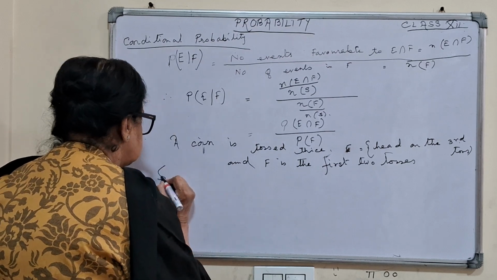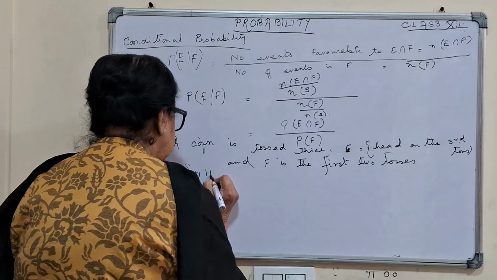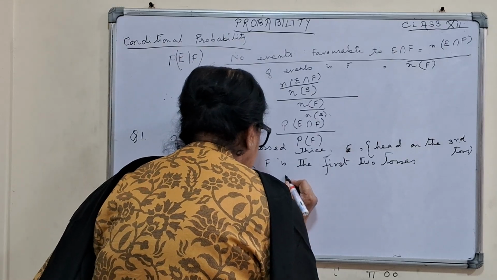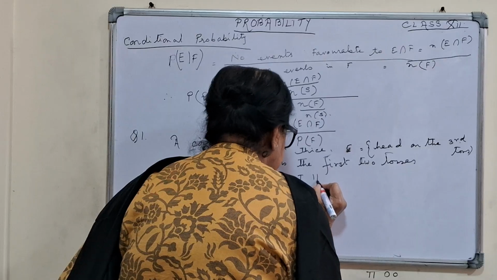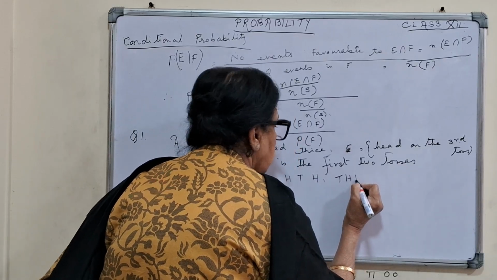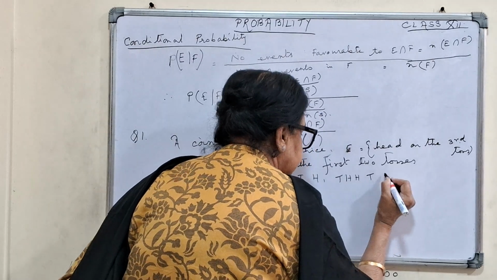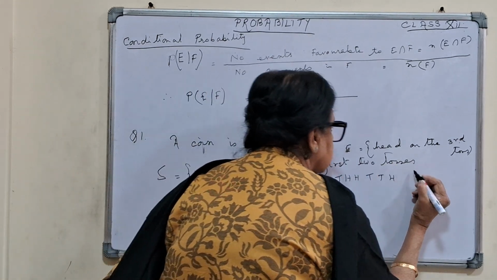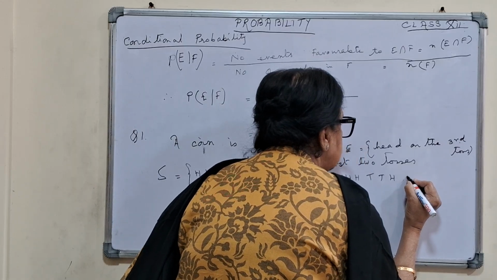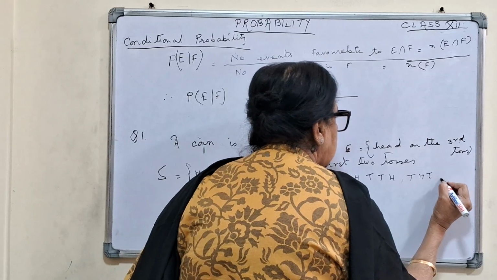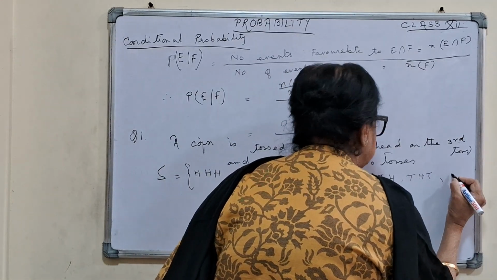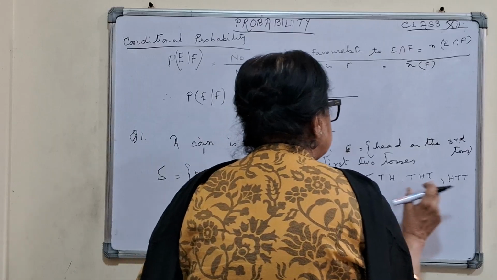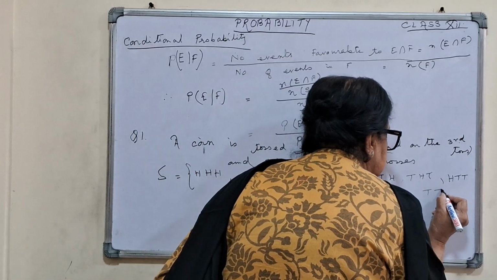So here is the sample space. I'll write S is equal to HHH, HHT, HTH, THH, TTH, THT, HTT, and then 1, 2, 3, 4, 5, 6, 7, and next comes all tails, TTT.